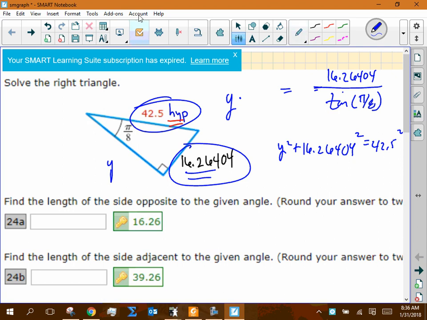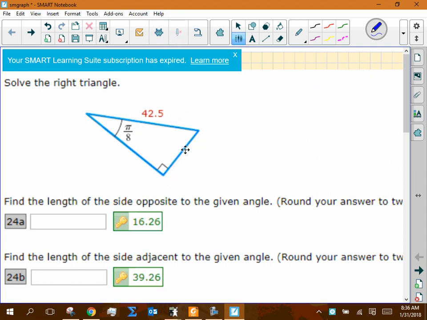Now the last one says find the missing angle here. What should all 3 angles in a triangle add up to? 180. Okay, so they should add up to 180, but we're in radians, so they should add up to pi, right? That's the same thing. Now, here's the thing.